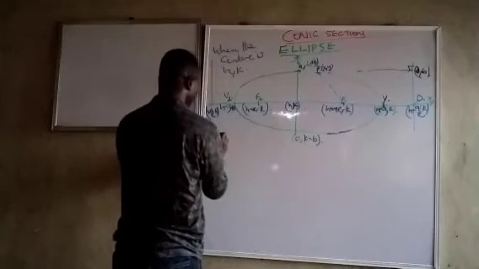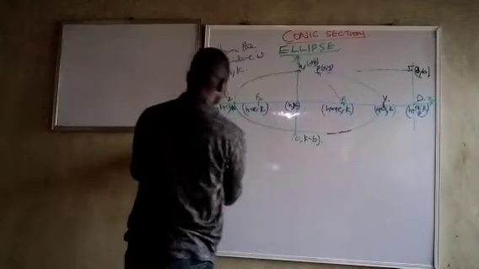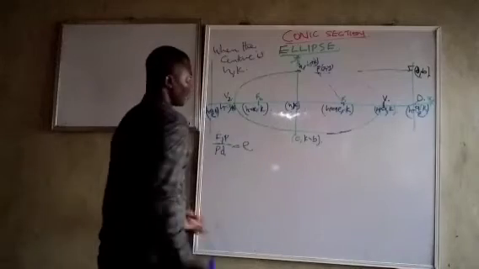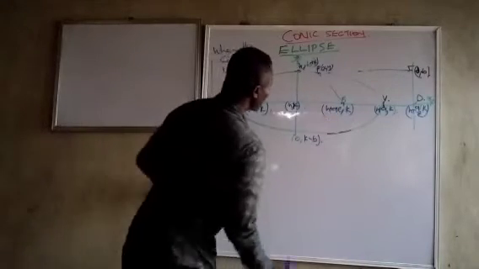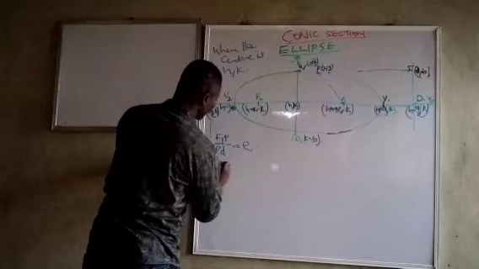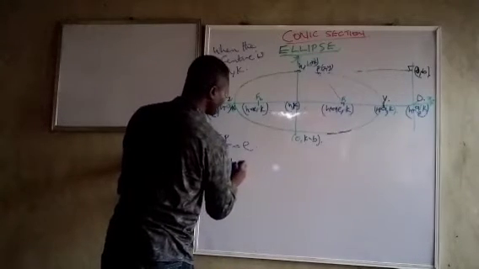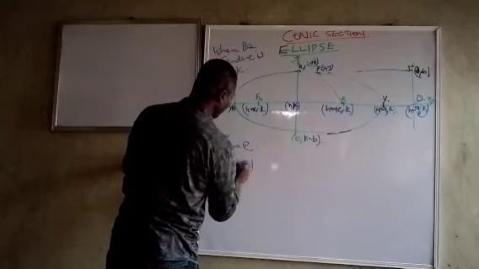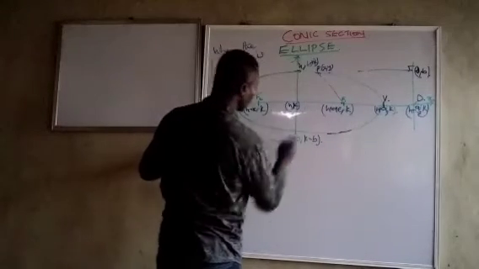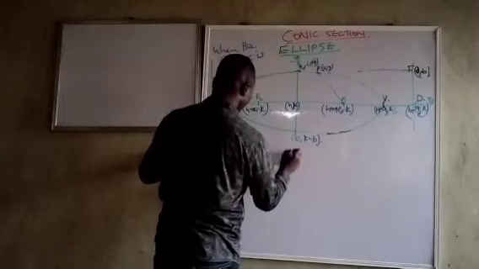F1P all over PD is equal to e. What is F1P? You are going to have the square root of x minus (h plus ae) all squared plus y minus k squared.